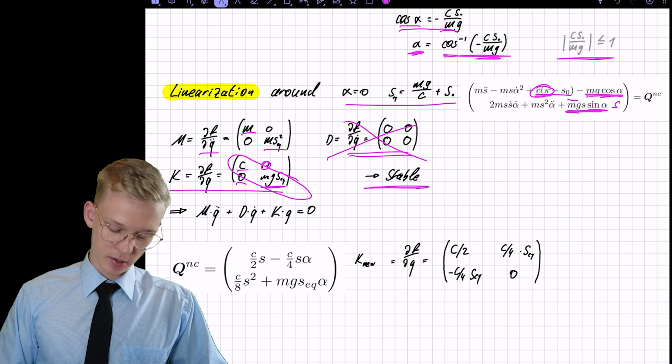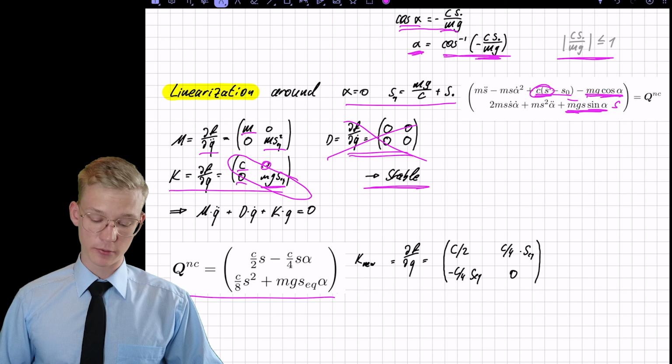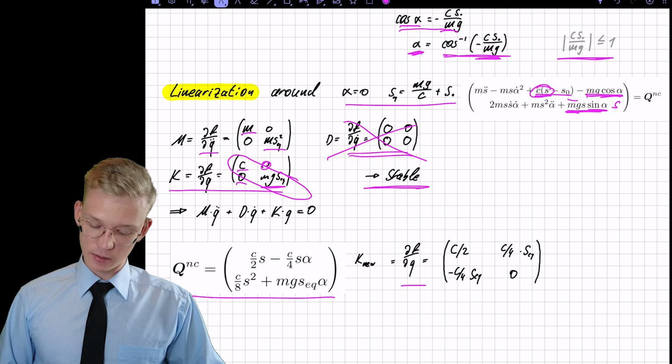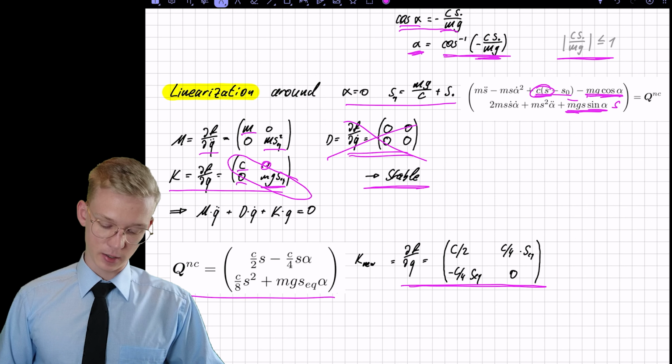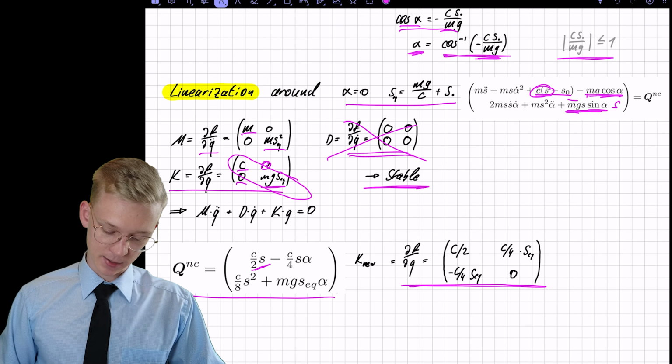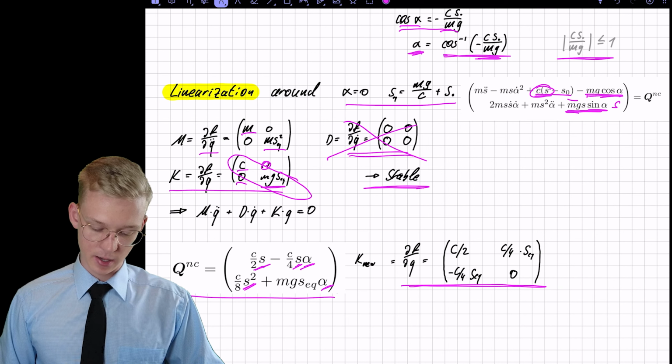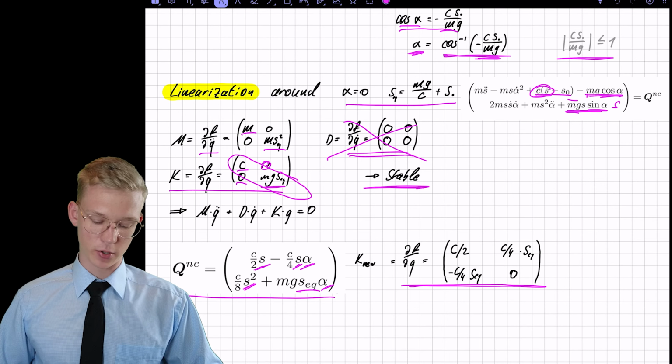If we have a non-conservative force now, K will be different because we have an S here and alpha right there. Here we have an S, there we have an S, and here we have an S as well, and even an S equilibrium.